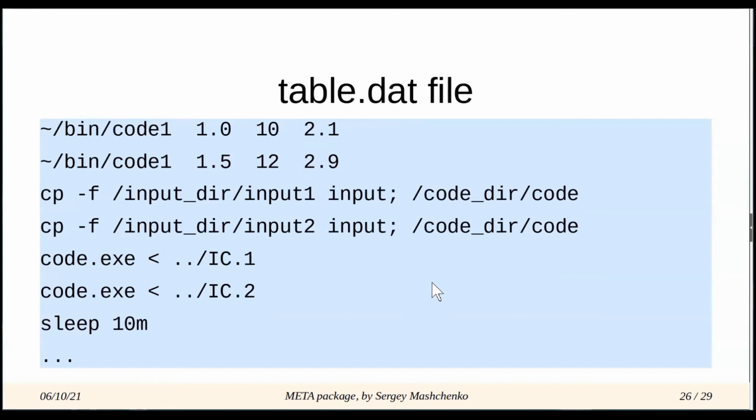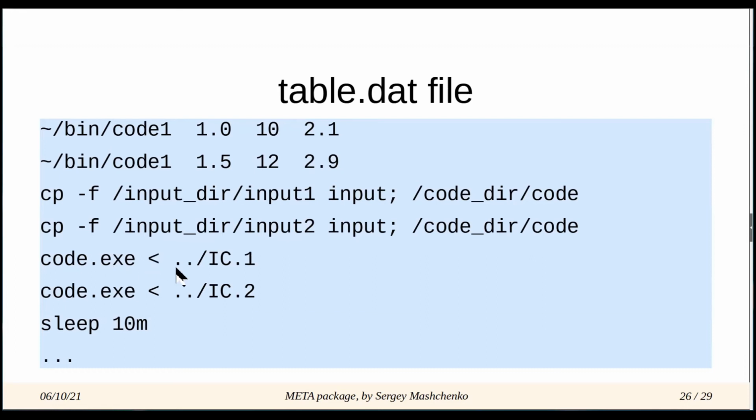All right, and what about table.dat? This is the list of things to be computed. So typically you would put either the absolute path to your code and then change the arguments, or you can maybe copy a unique-name input file, save it as a standard name, and then execute. You use a semicolon and then execute your code. Or if your code is in the path, you can just use the code name as is.